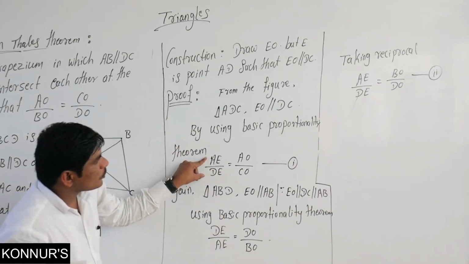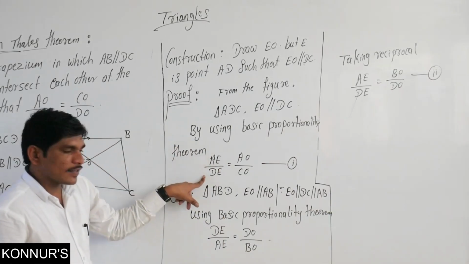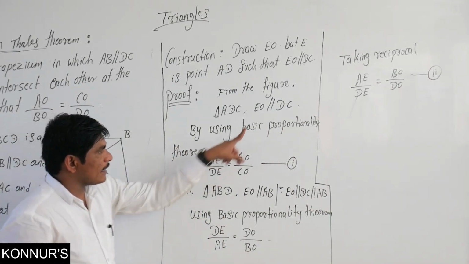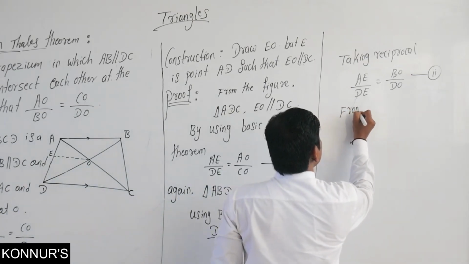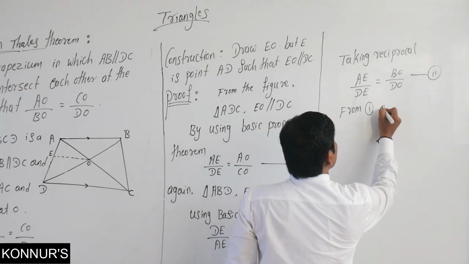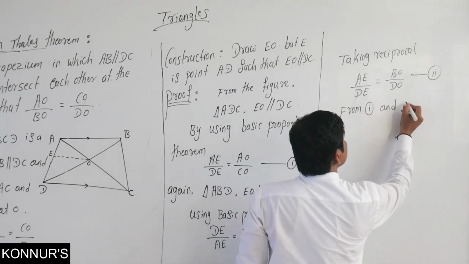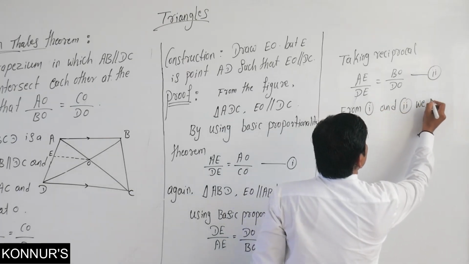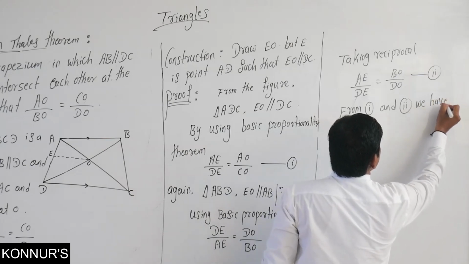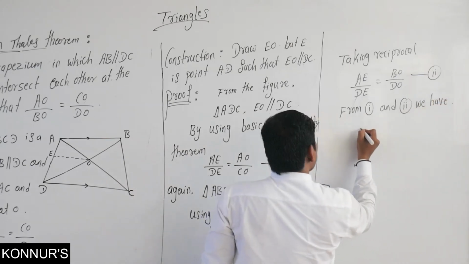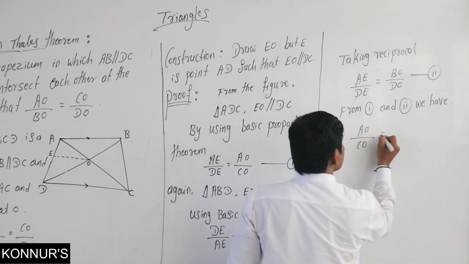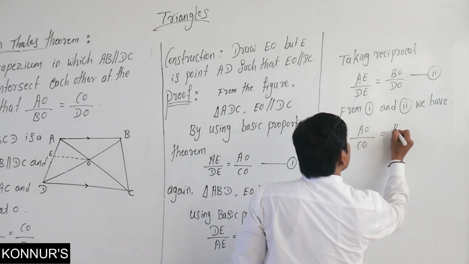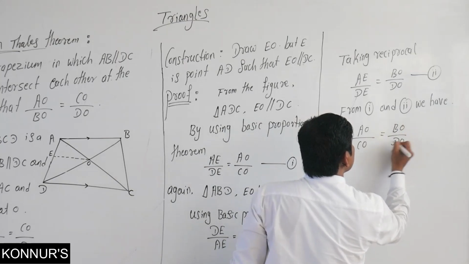These two equations have the same LHS terms, AE by DE. That's why from equations 1 and 2, we have OA divided by CO is equal to BO divided by DO.